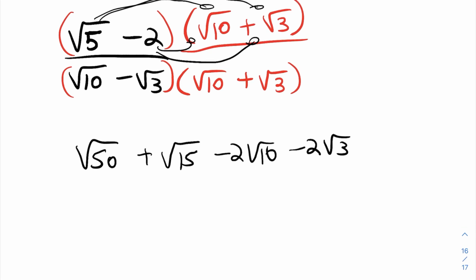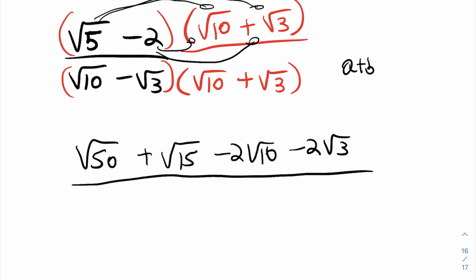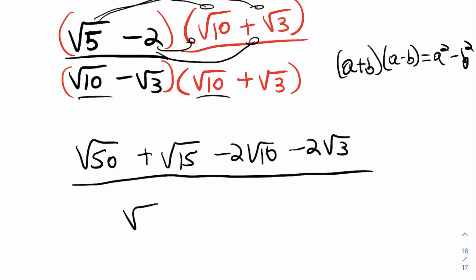But I also have to FOIL the denominator. But the denominator, they're conjugates, so it's nice. I can use the trick. Remember that a plus b, when you multiply it by a minus b, you only get the difference of the two terms squared. It's a difference of squares. Well, I'm going to use that. So it's going to be the square of that, which is the square root of 100. The square root of 10 times the square root of 10 is the square root of 100.